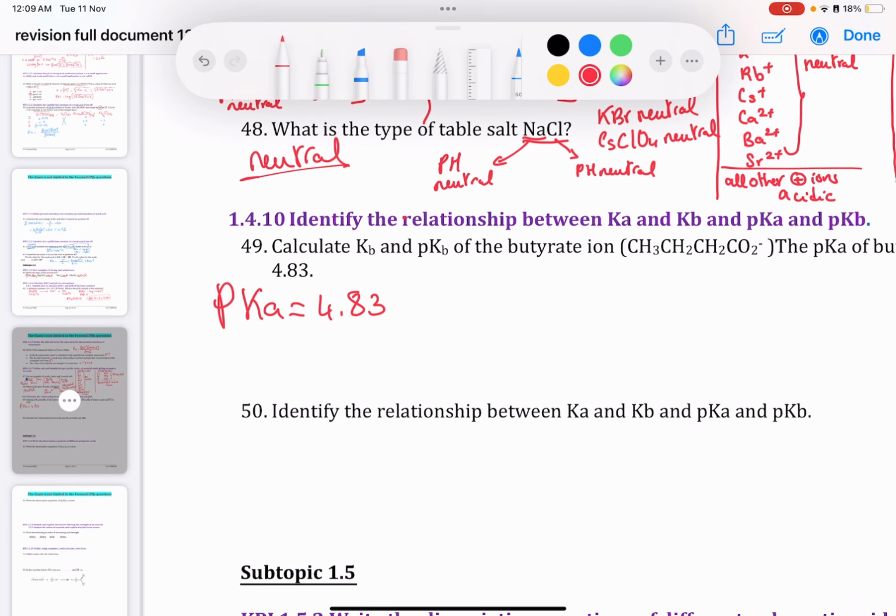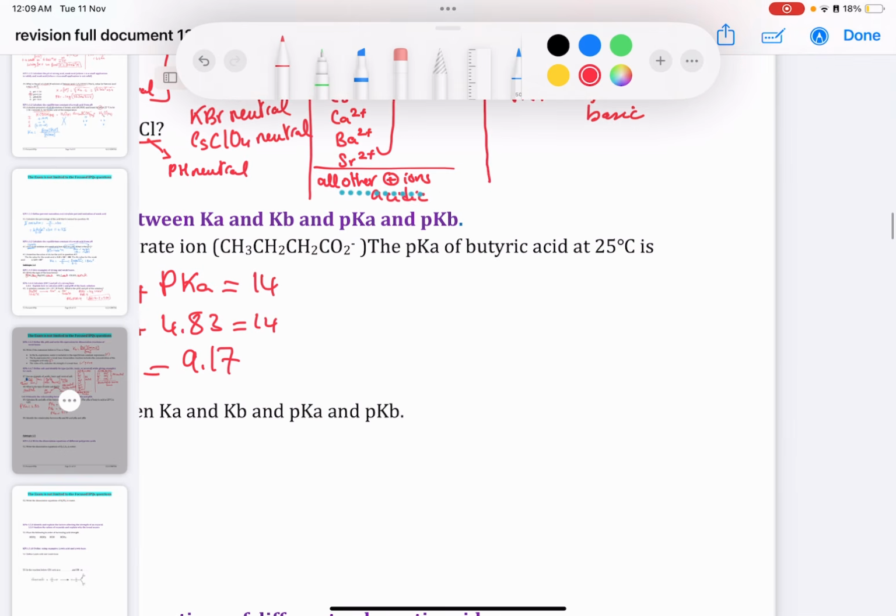Now, directly from the pKa, I can calculate the pKb by using the formula of pKb plus pKa equal 14. So pKb plus 4.83 equal 14. pKb is equal to 9.17. Now, from the pKa, I can use this formula, minus log Ka. And from the pKb, I can use minus log Kb.